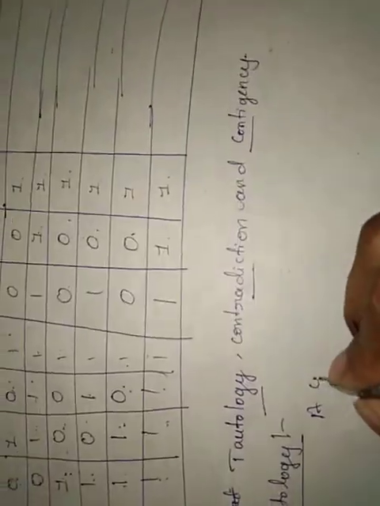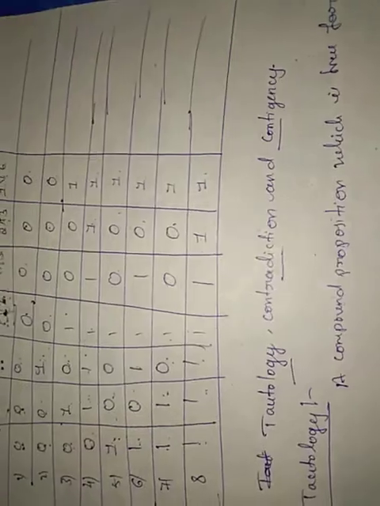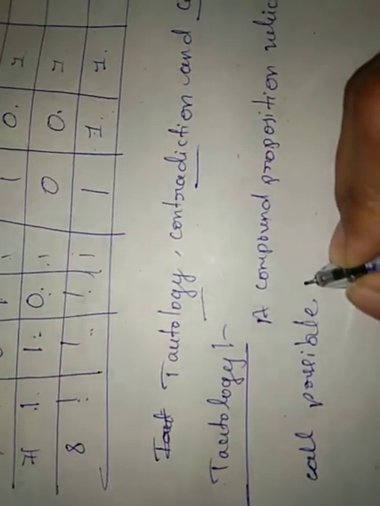Tautology is a compound proposition which is true for all possible truth values of its components.